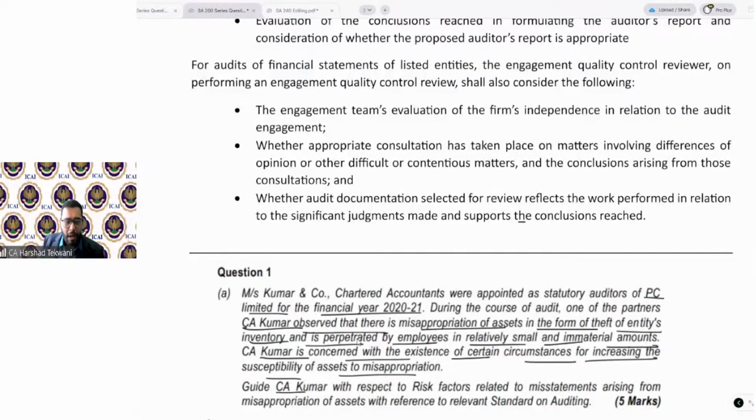Guide CA Kumar with respect to the risk factors related to misstatement arising from the misappropriation of assets with reference to relevant standards on auditing.